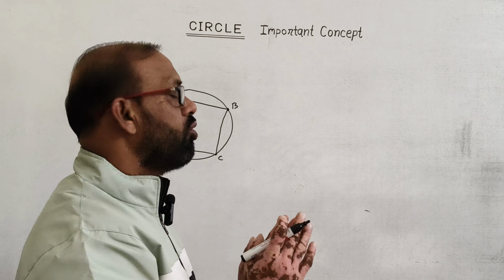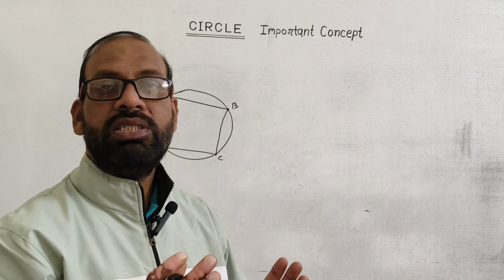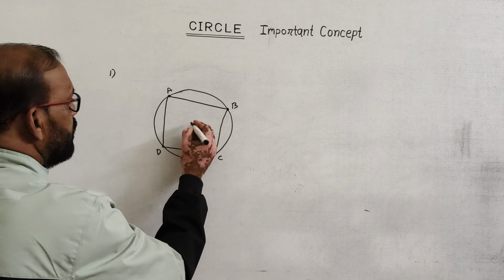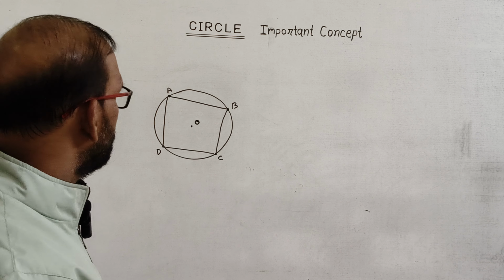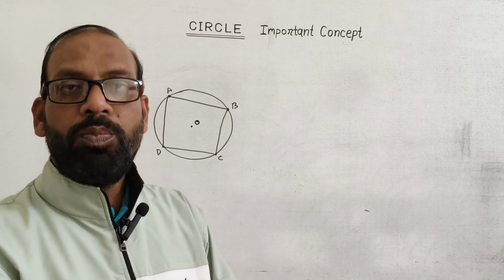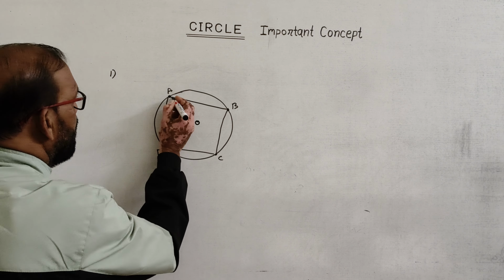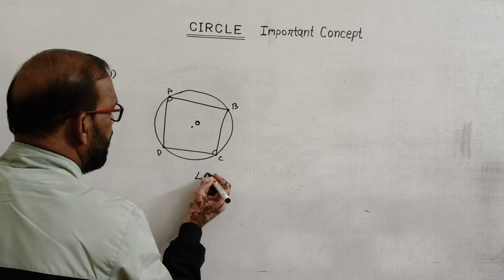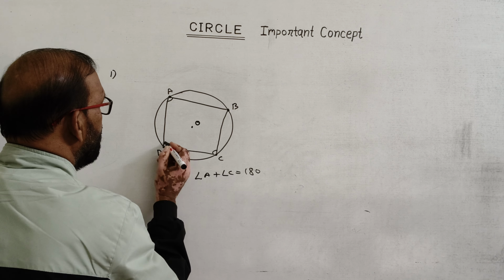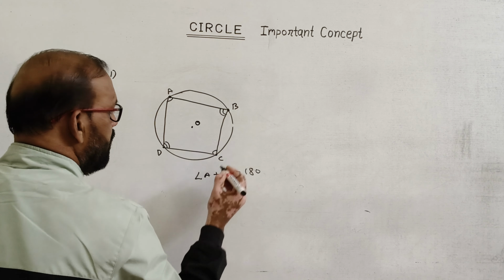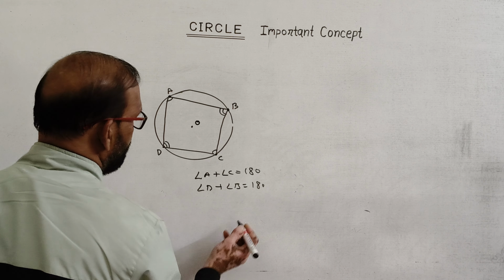Such a quadrilateral is always called a cyclic quadrilateral. Now, the important property of this cyclic quadrilateral is that the sum of opposite angles is always 180 degrees. That means angle A plus angle C is 180 degrees, and angle D plus angle B is again 180 degrees.